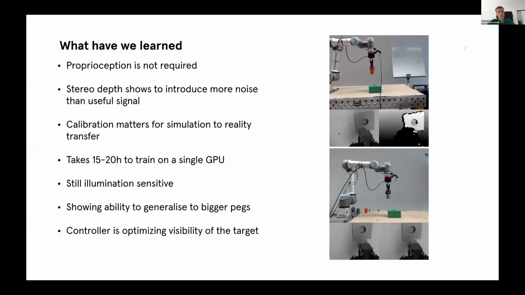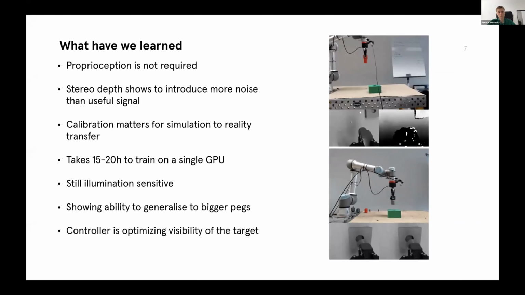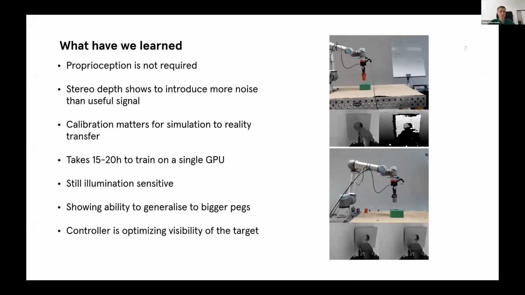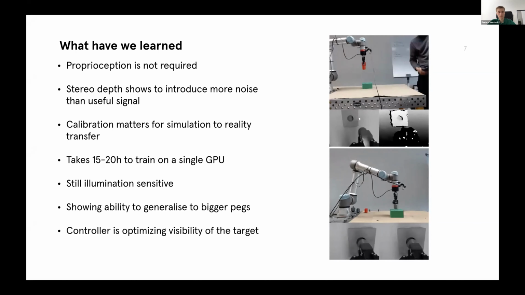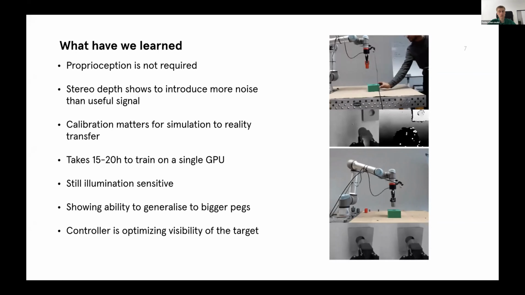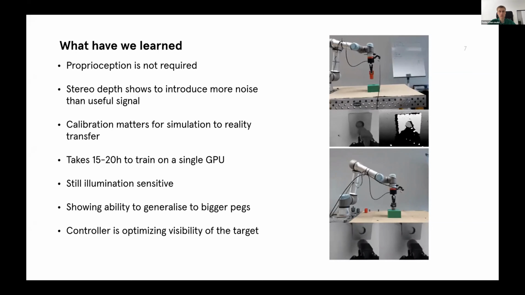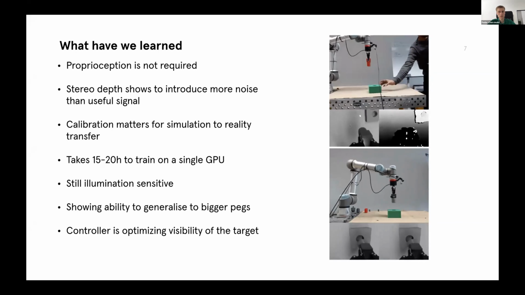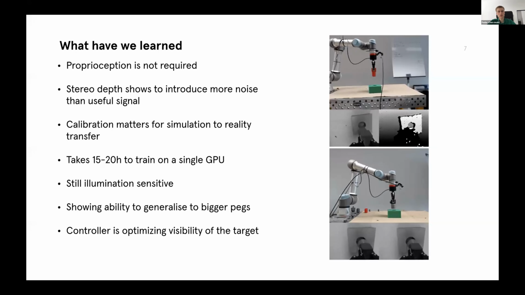Although there is still some sensitivity to external factors such as illumination, and also sensitivity to hand-eye calibration, on the positive side, we see that the policy is able to generalize to bigger pegs. On the bottom video, you can see the policy performs insertion with a significantly bigger peg, but this is still the same neural network.